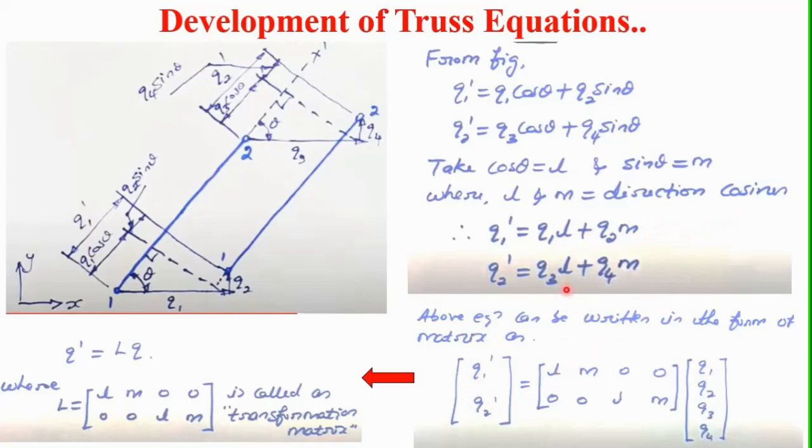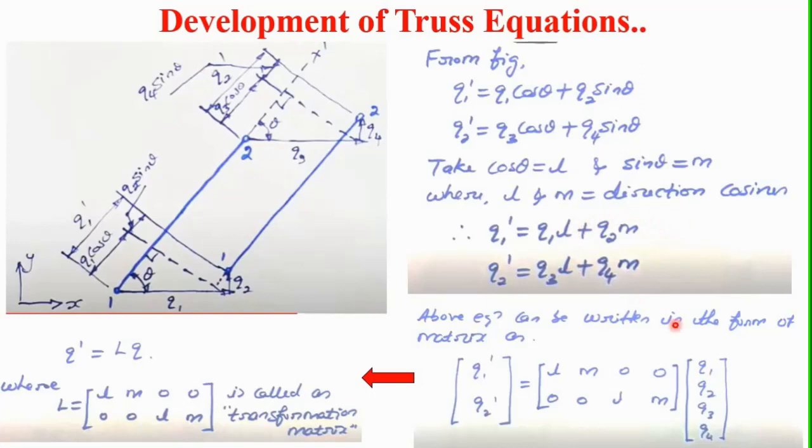So the matrix is l, m, 0, 0. In the second equation, the coefficients of q1 and q2 are 0, then q3 into l and q4 into m, multiplied by the displacement matrix q1, q2, q3 and q4. When we multiply these two matrices we get these two equations.